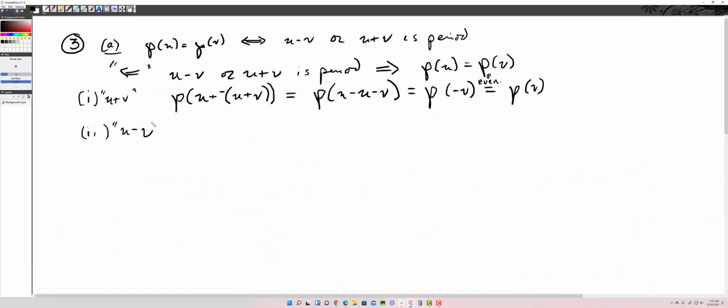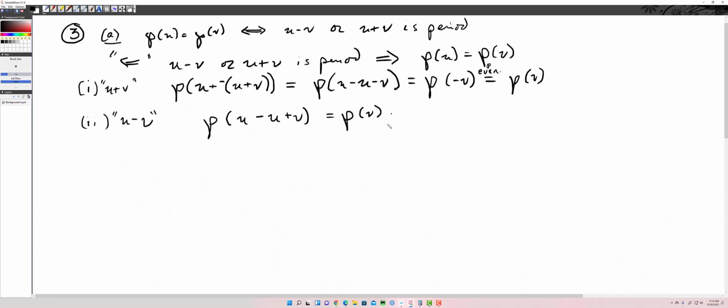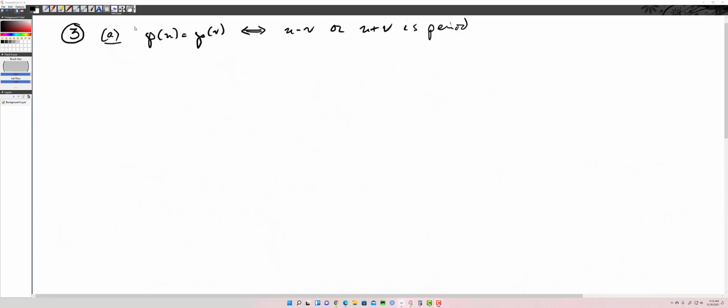U minus V is a period. And so what I'm going to do is basically the same thing. I'm going to subtract U minus V, giving me U minus U plus V, which just winds up being P of V. So I have the backwards direction checked.